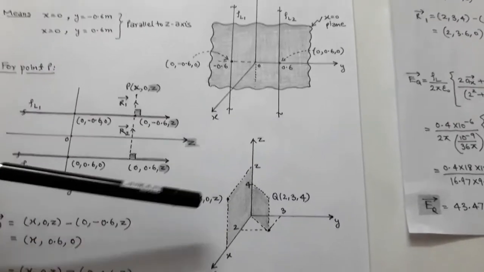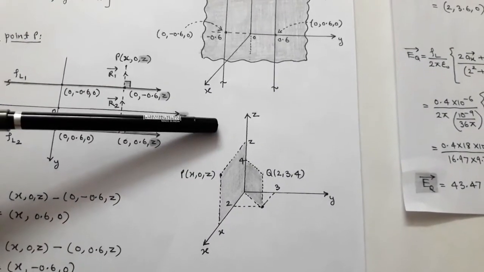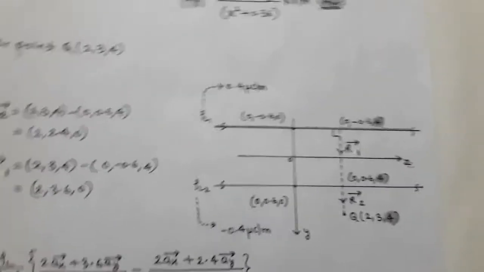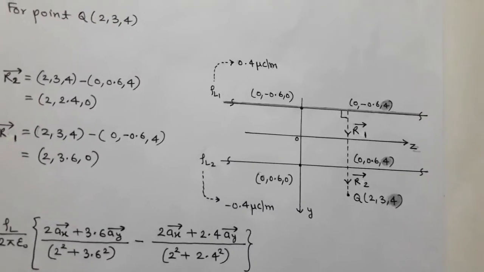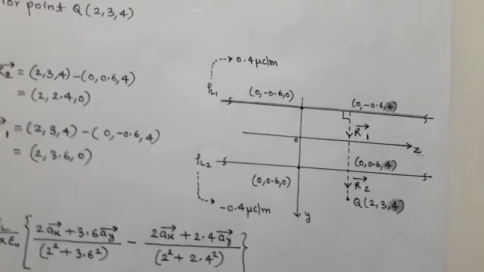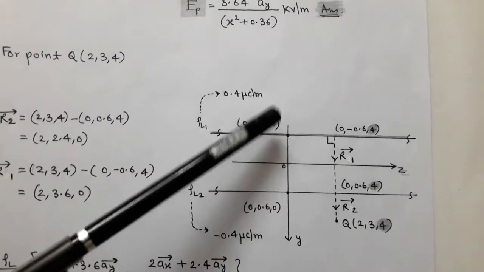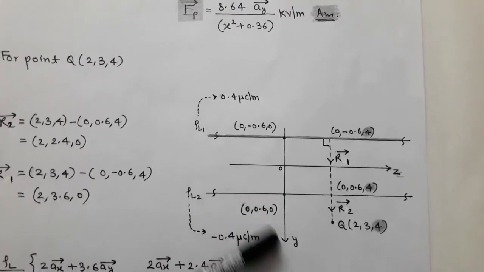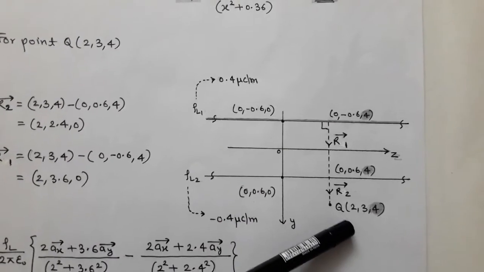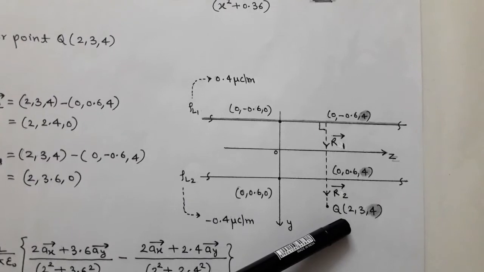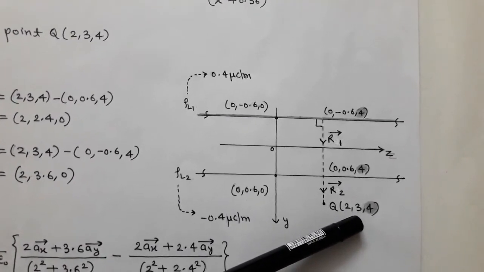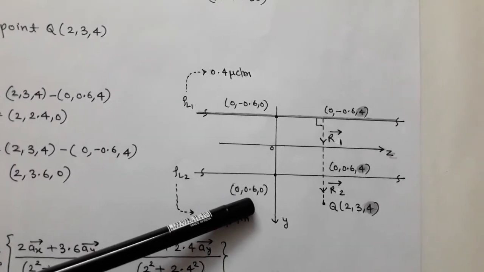For this, we have to draw a perpendicular from point Q onto line charges rho L1 and rho L2. Since rho L1 and rho L2 are parallel to the z-axis, the z coordinate should be constant, the same. Now from the figure, the point is (2, 3, 4), meaning the y coordinate is 3, and the line charges rho L1 and rho L2 are situated at y equals minus 0.6 and 0.6.